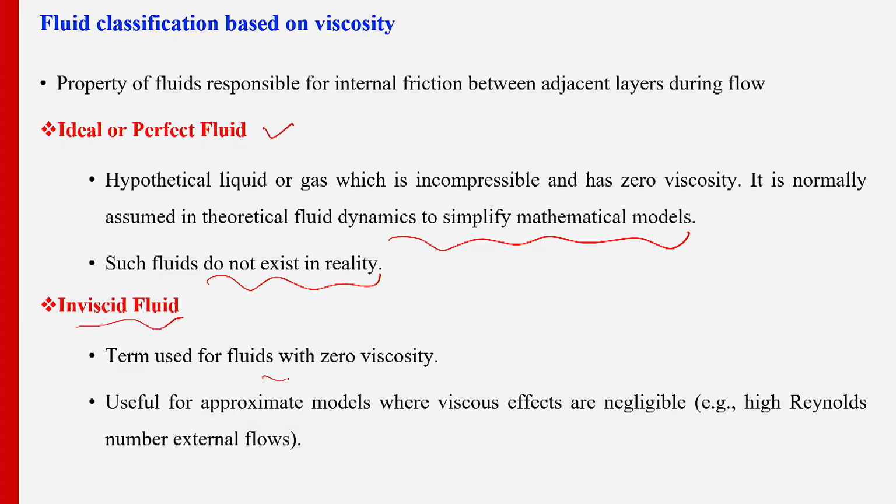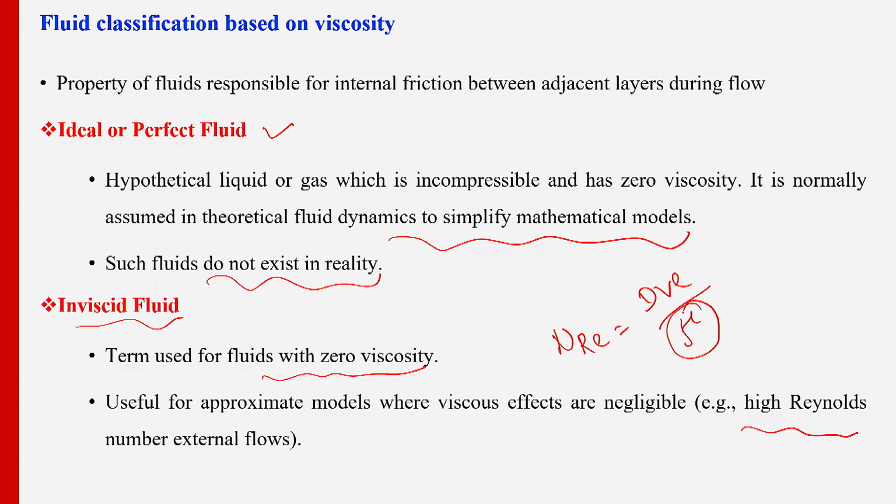The term always means zero viscosity. Why zero viscosity? Whenever there is a high Reynolds number, viscosity is very low. For example, the Reynolds number NRe equals d V rho by mu.